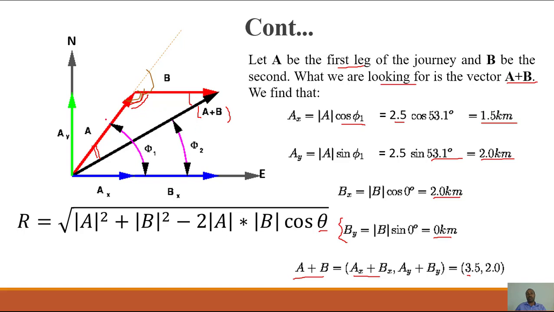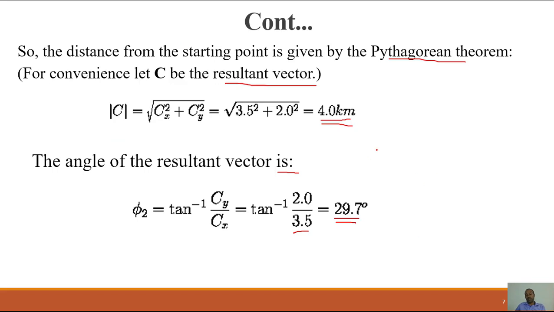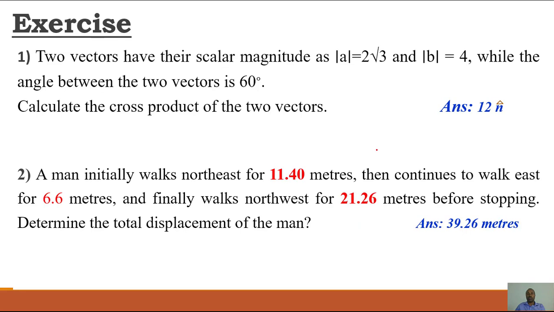Then finally, because this magnitude is already known, you can find this resultant R. So I think we can finalize using the parallelogram law or law of cosines.